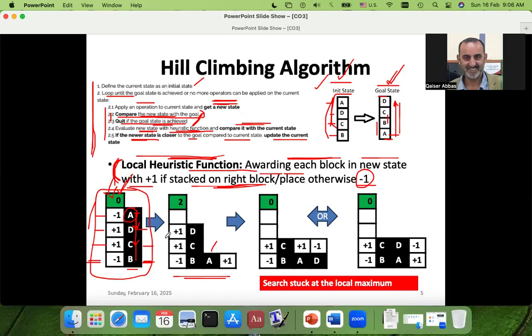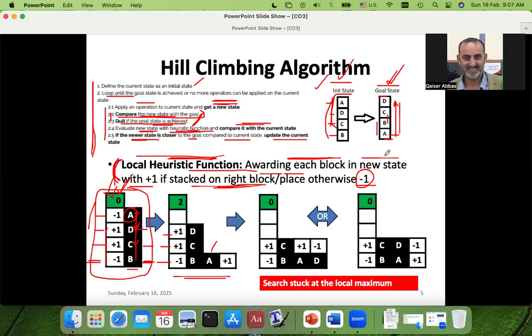Okay, now I will calculate their values. So B is on the right place? No, it is still -1. C is on the right place? Yes, it is still +1, the previous value. D is at a proper place? Yes, so it is still +1 according to the previous values. And what about this A? Is A on the right place according to the goal state? Yes.